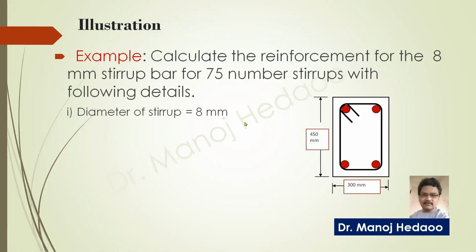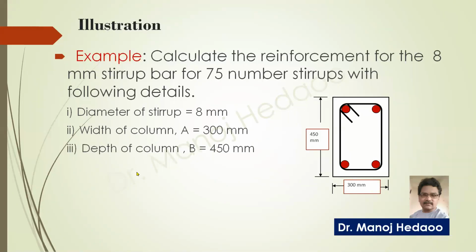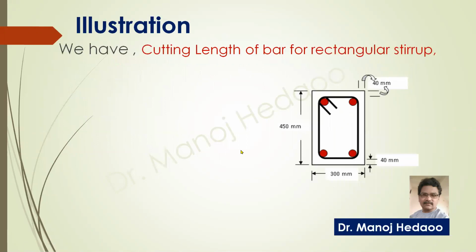The diameter of stirrup is 8 mm, the width of column is 300 mm, as already shown in the figure, the depth of column, that is capital B, is 450 mm, and the clear cover is 40 mm. Now we will solve. We have cutting length of bar for a rectangular stirrup as 2 into (A plus B) plus 12D.